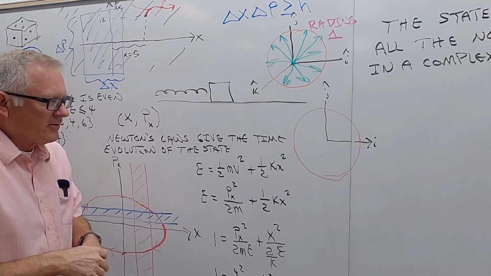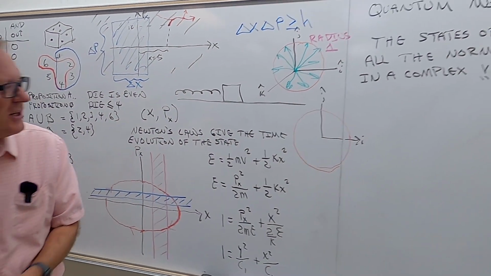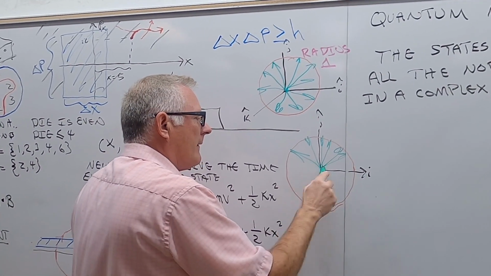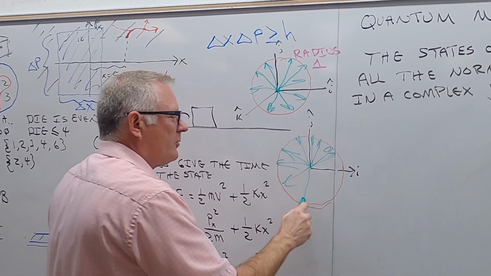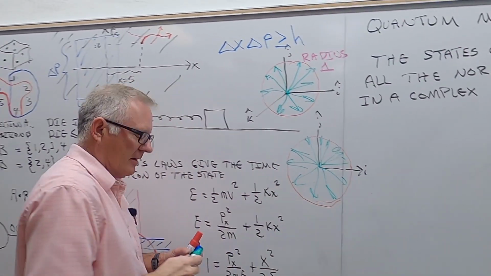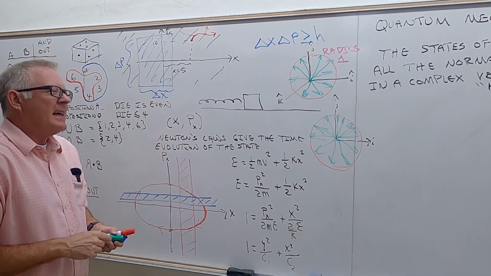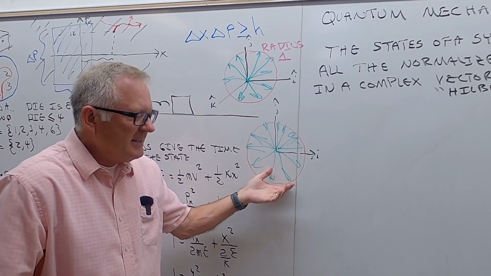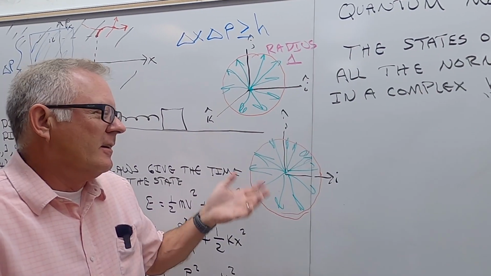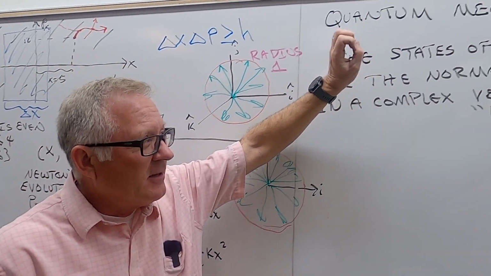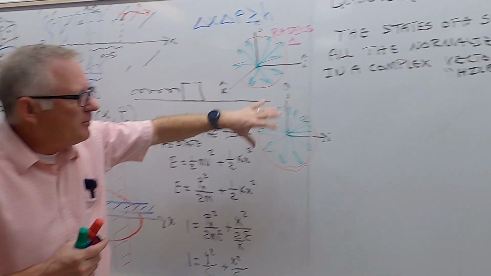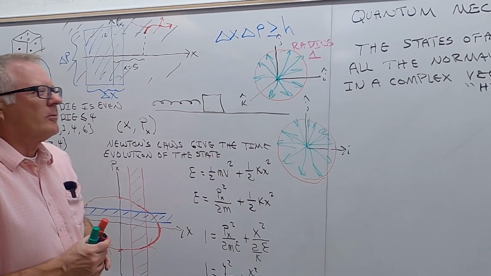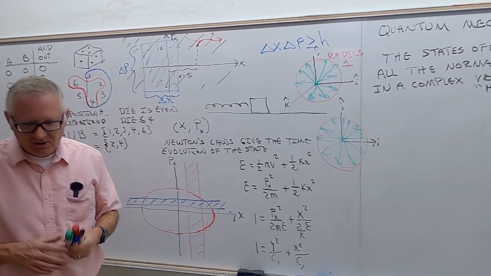And every vector that starts at the origin and goes to the ring, this is a radius of 1, these would be all the normalized vectors in that real two-dimensional space. I shouldn't say quantum, because we're normally in complex, but these would be all the normalized vectors in this real two-dimensional space. This would be all the normalized vectors in that real three-dimensional space, just to give you an idea of what it looks like.